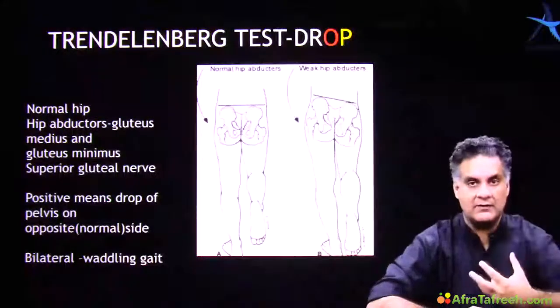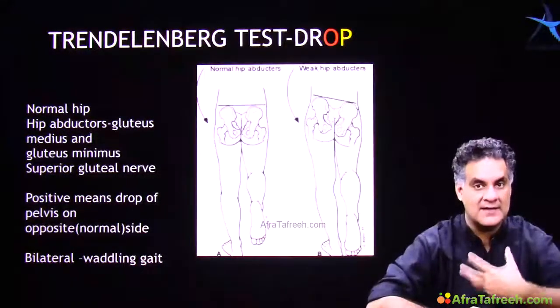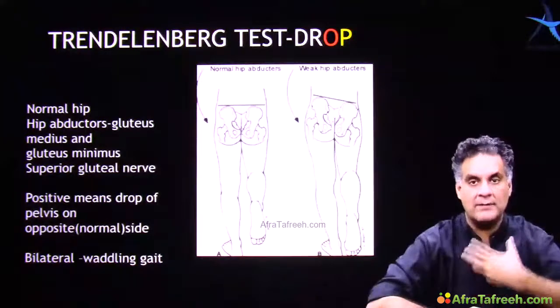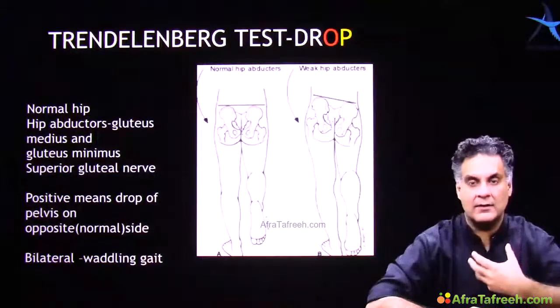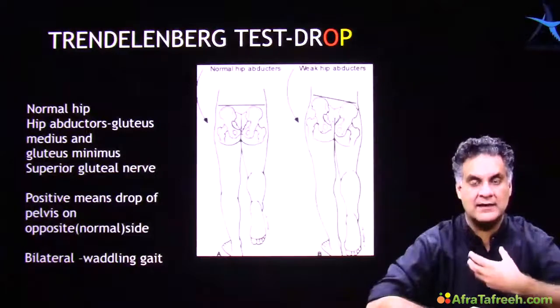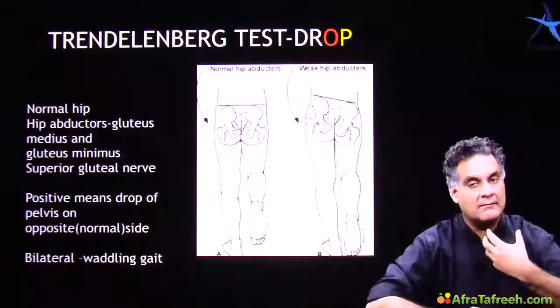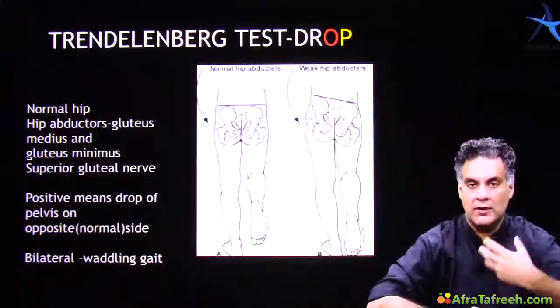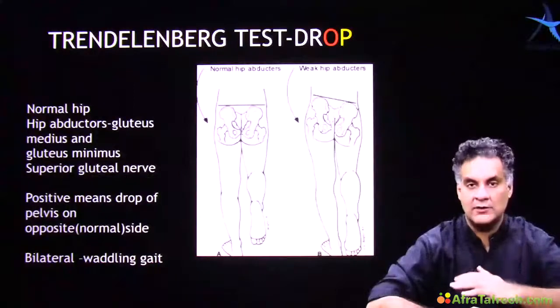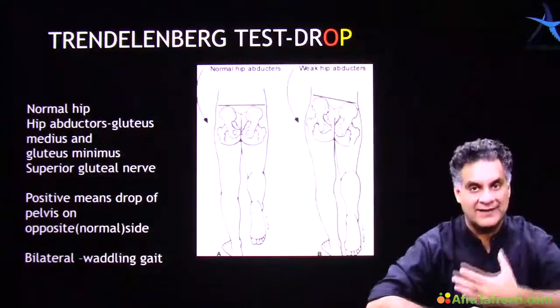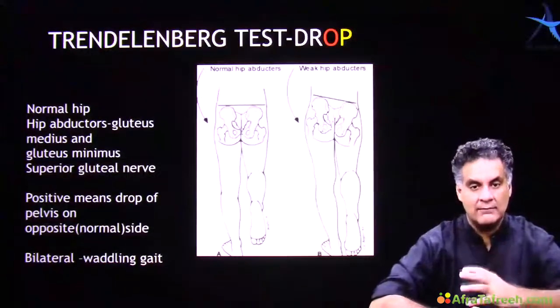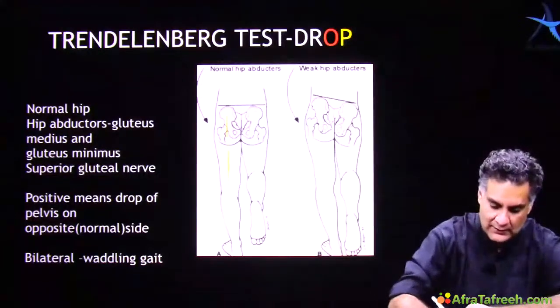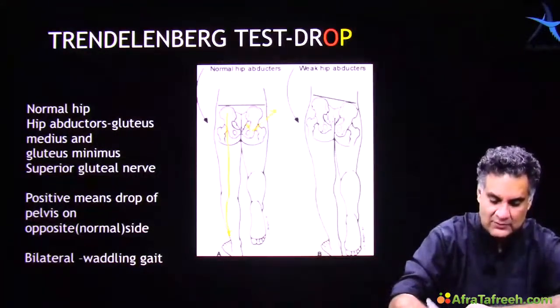The stability of the hip is assessed by the Trendelenburg test. Your hip, along with the acetabulum, the head of femur, the trochanters, and the intact femur neck, can maintain your body weight on one limb and will not allow the drop of the pelvis on the opposite side when you're standing on one limb. So if you're standing on the left side, the right side stays straight.